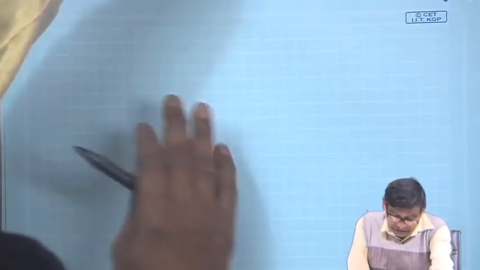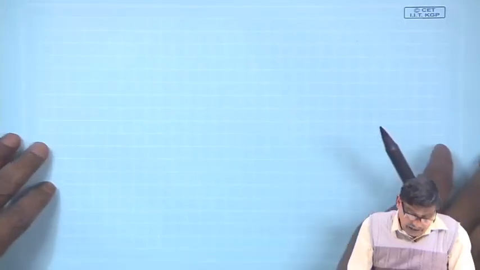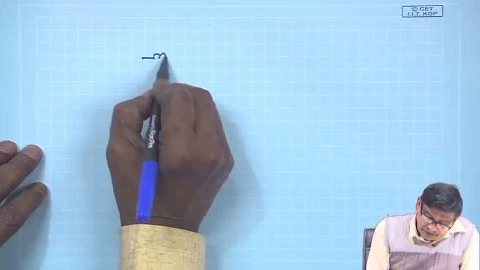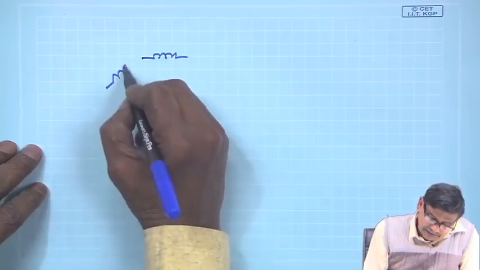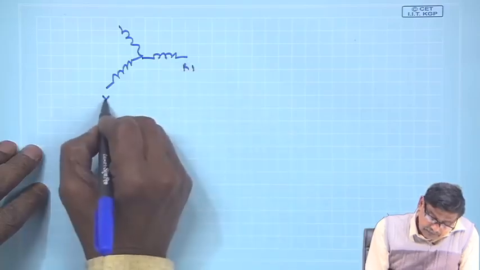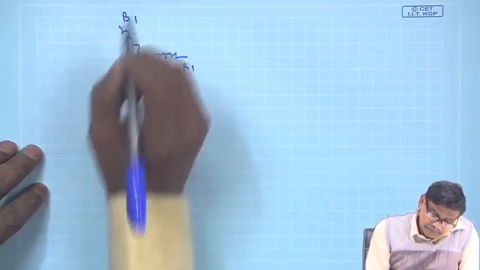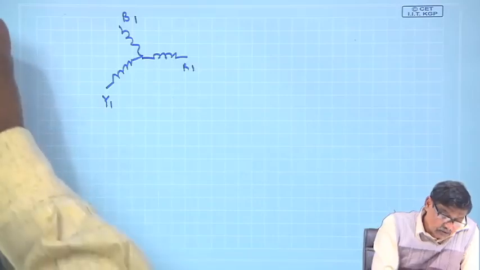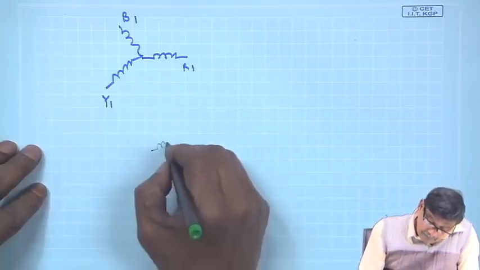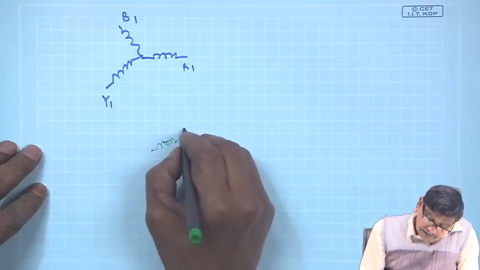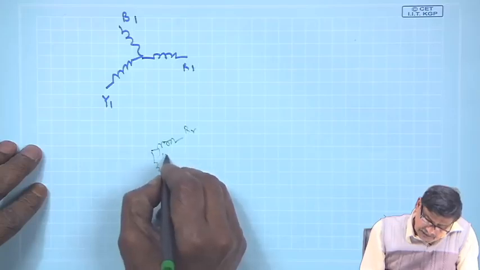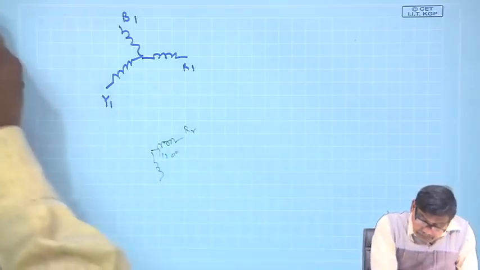I will just touch upon it first, then we will come back to this point. So, what is the thing I have told? There is a stator coil. This is R1, this is Y1, this is B1, and there are rotor terminals, which are RR, YR and BR, 120 degrees apart, please bear with me.